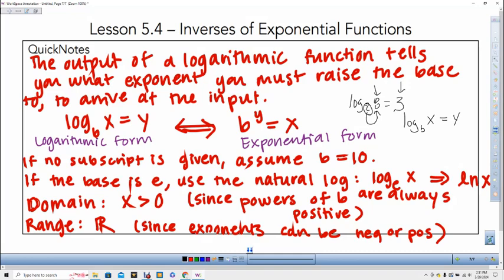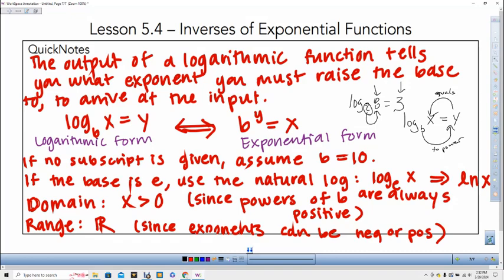You're saying b to the y power equals x. So right there are two very effective and useful ways for us to write the exact same expression.